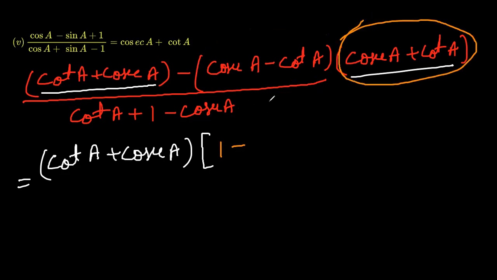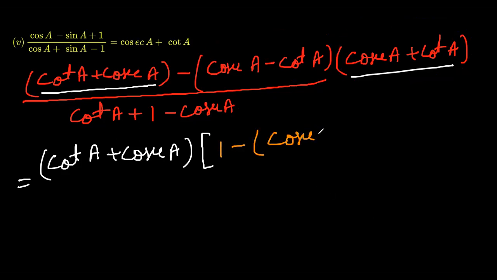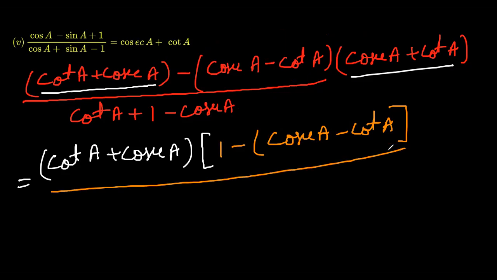So we are left with minus of cosec A minus cot A, like this. And in the denominator, we have all things as it is. Cot A plus 1 minus cosec of A, like this.